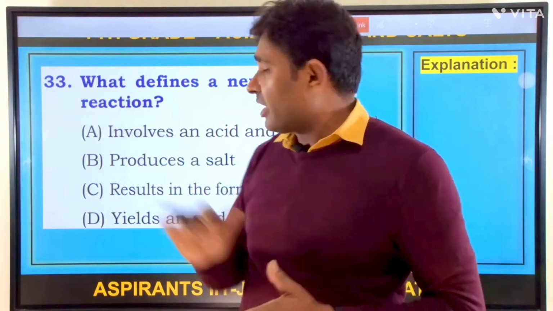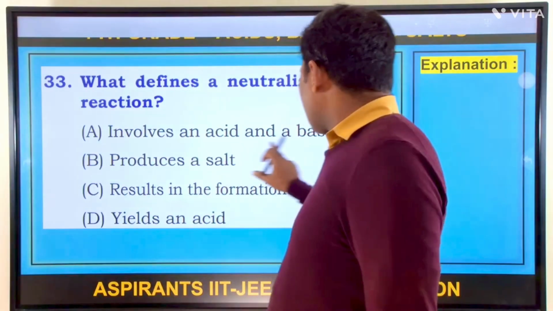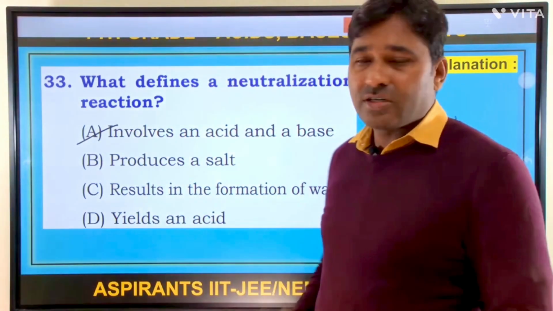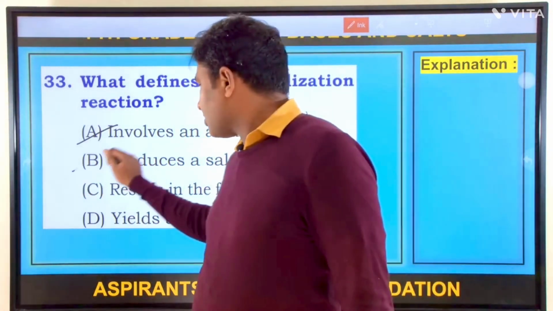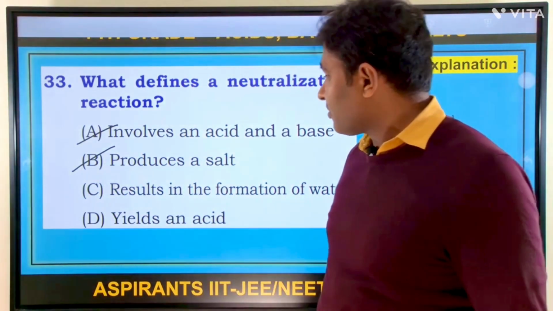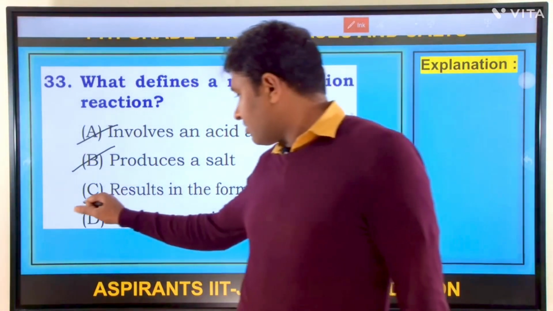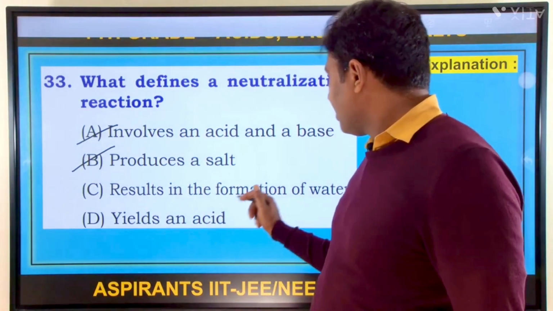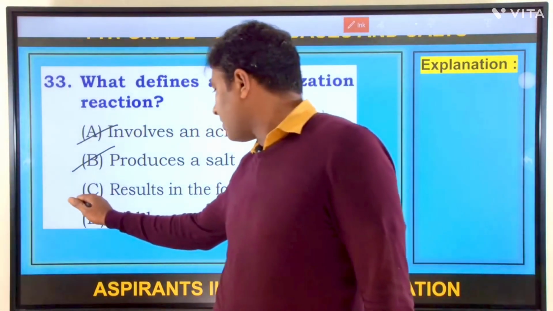So, what defines the neutralization reaction? We need to pick that up. It involves an acid and base. Yes, acid and base are involved and they neutralize. It produces salt. Yes, salt is a neutral compound produced in the neutralization reaction. It results in the formation of water. Yes, along with the salt, one more neutral compound is produced by the H plus and OH minus ions, that is water.